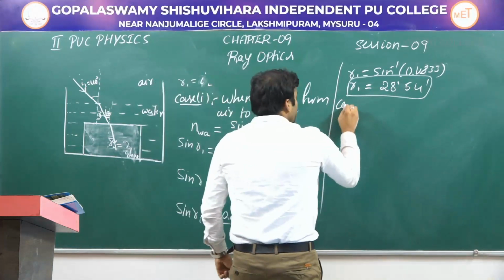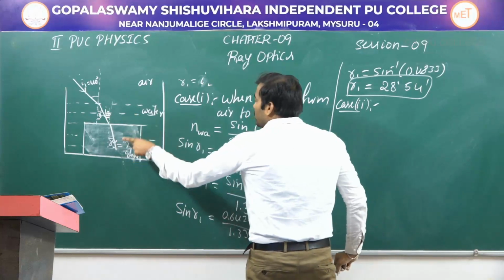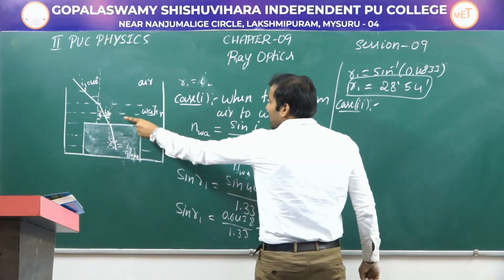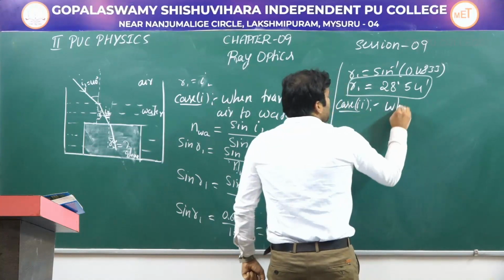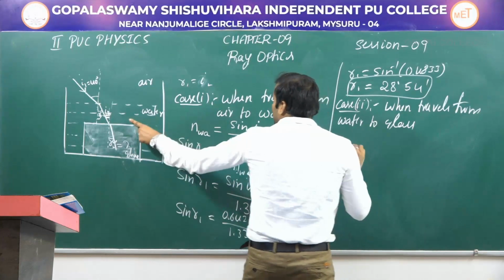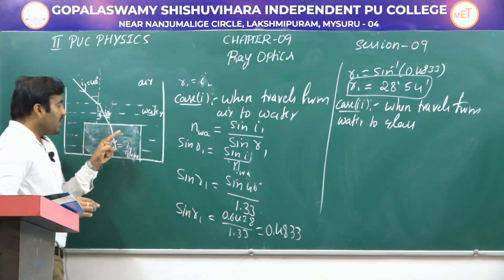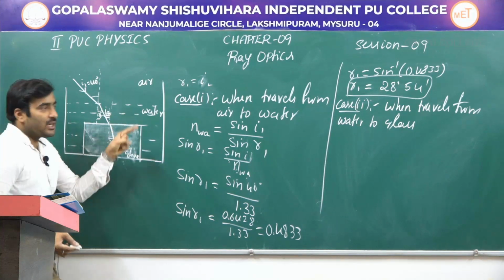Next, consider the second case. In the second case, the light is traveling from water to glass. In this case, if you apply Snell's law here, the refractive index of glass with respect to water you have to write, correct?